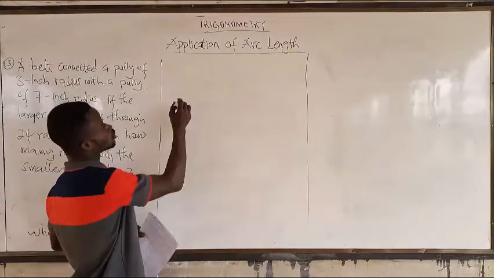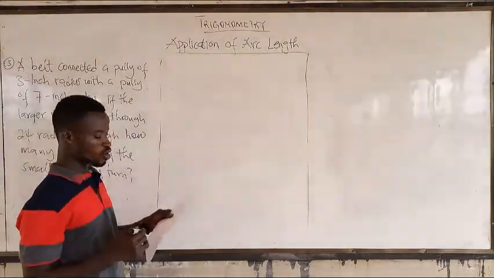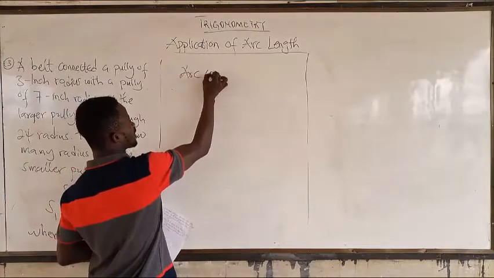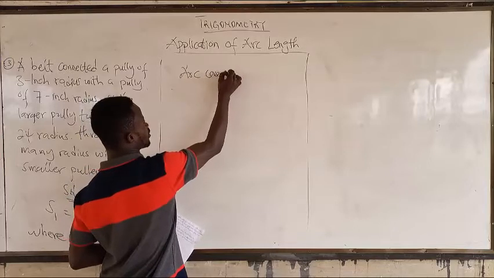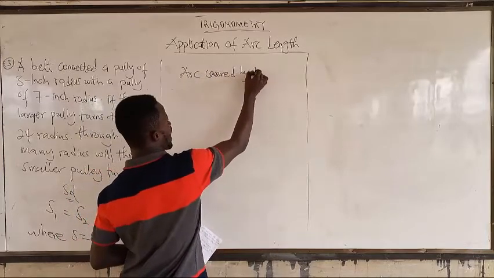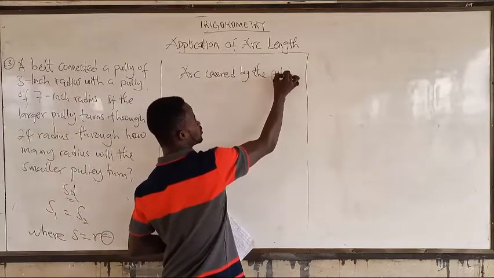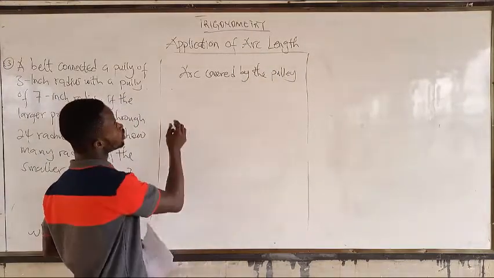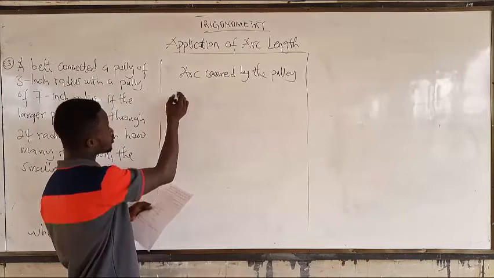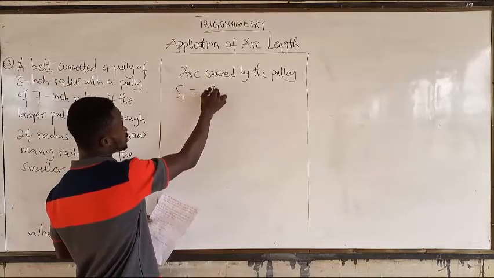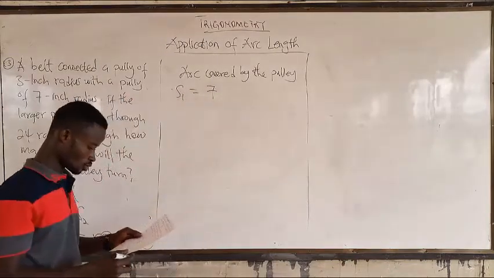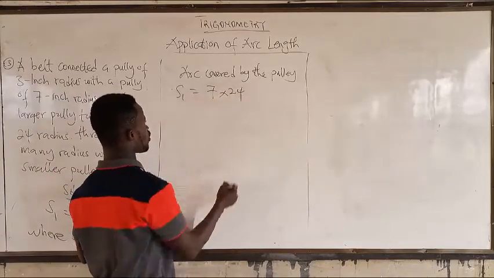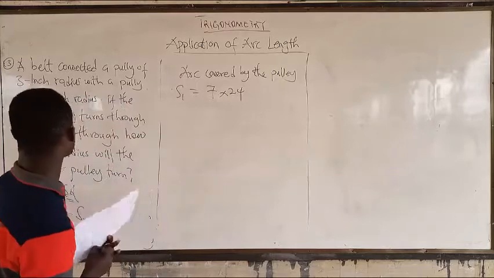So the arc covered by the pulley is going to be S1, which is going to be 7 times 24.